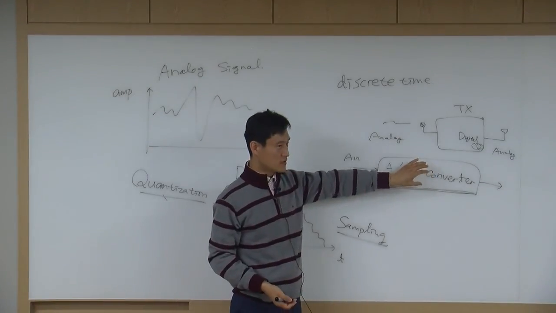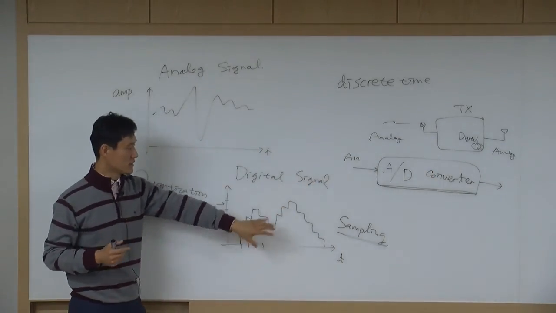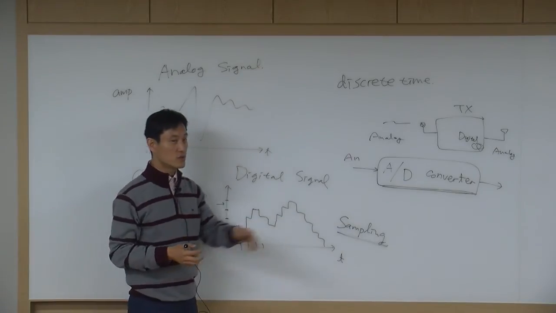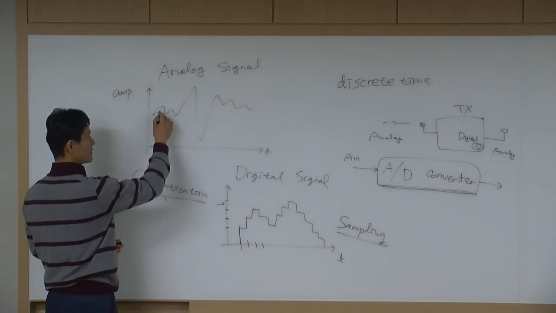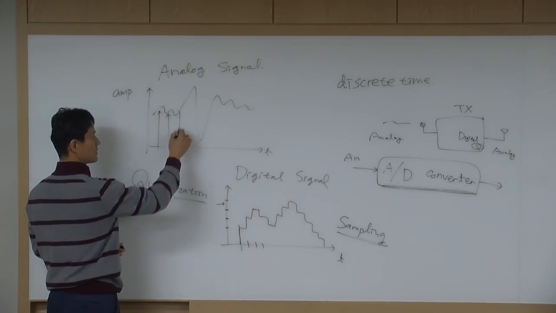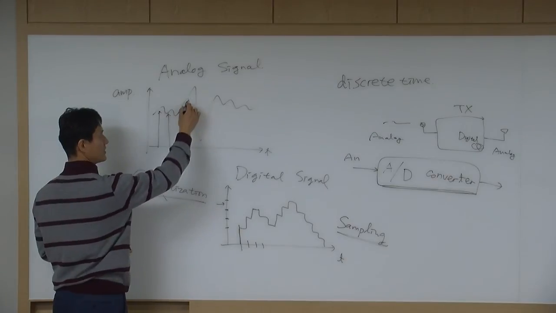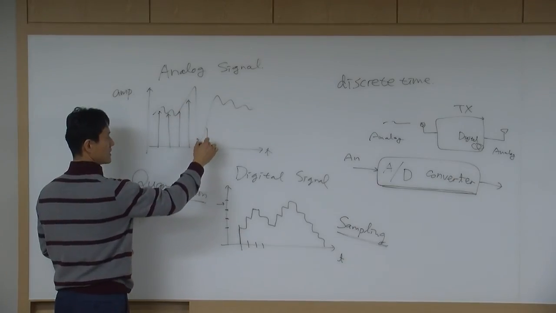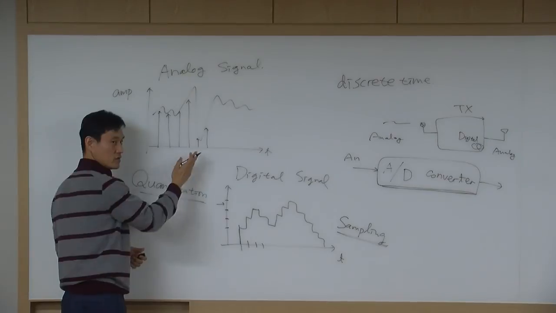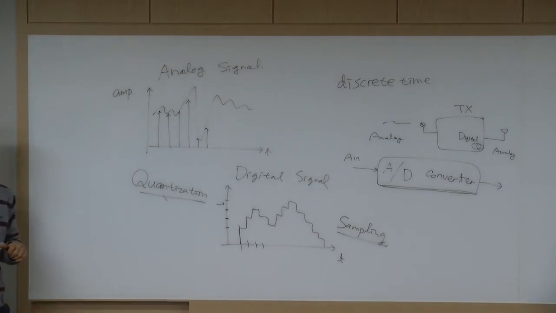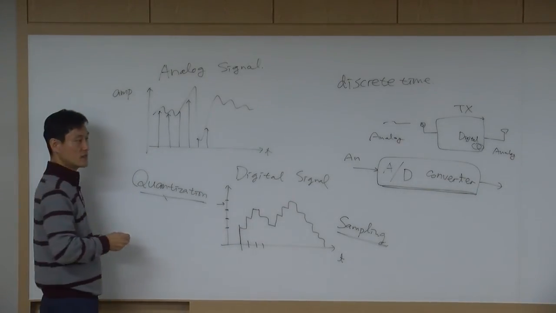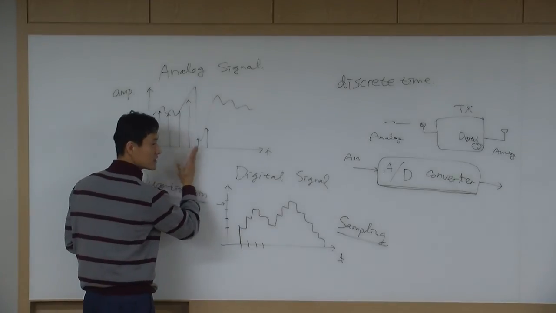And inside this A to D converter, the first thing to do is sampling. Once you do sampling, you sample it here, here, here, depending on your sampling frequency. So how often you do that is the sampling frequency, right? If you have a high sampling frequency, you do it very fast.